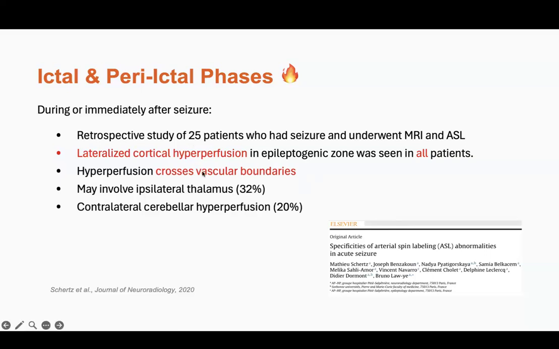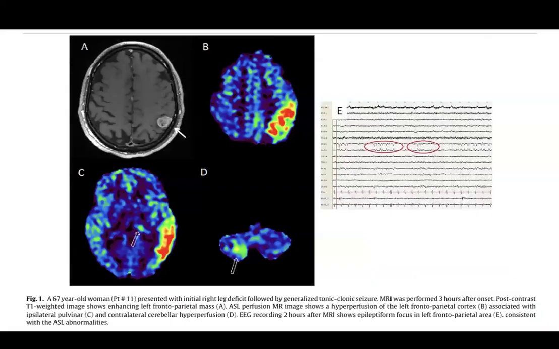And in 32% of the patients, it involved the ipsilateral thalamus, and in 20%, contralateral cerebellar hyperperfusion was involved. This is a patient who had an ICSOL in the left parieto-occipital region, who after a seizure had increased perfusion in the same area.